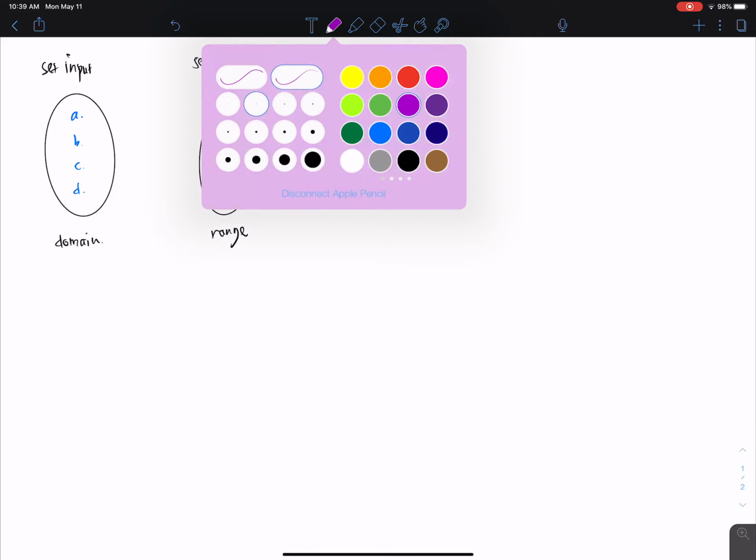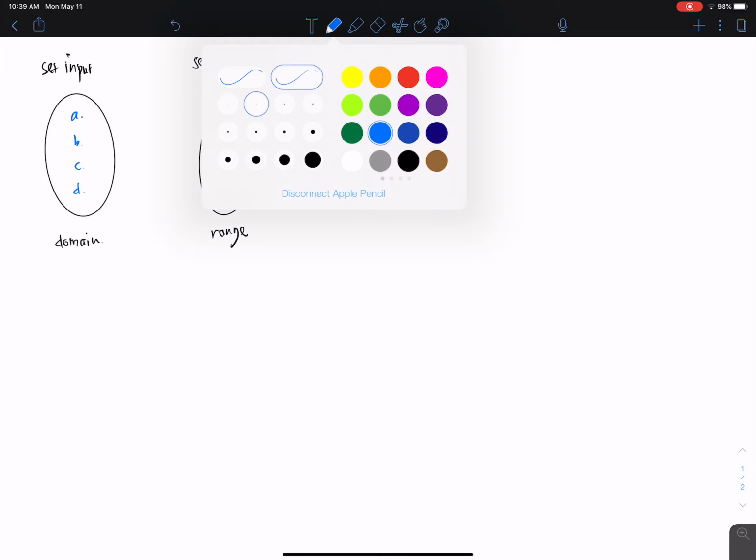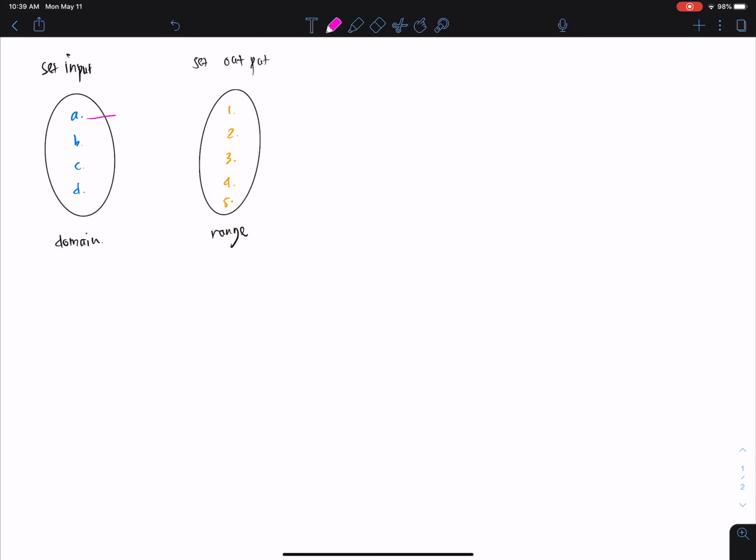So with a certain relation model, we are mapping A to 1, B to 2, C to 3, and D to 4, for example. Or we have another one, like from A to 2 also, and D with 5 over here.